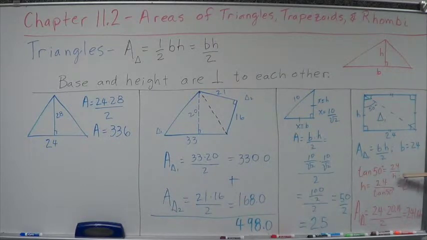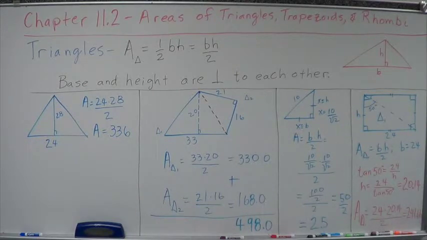The tangent of angle 50 is opposite divided by adjacent. Tangent of 50 is 24 over h. Solving for h, we get 24 divided by the tangent of 50. h equals 20.14. So, the area of triangle 1 is 24 times 20.14 divided by 2.